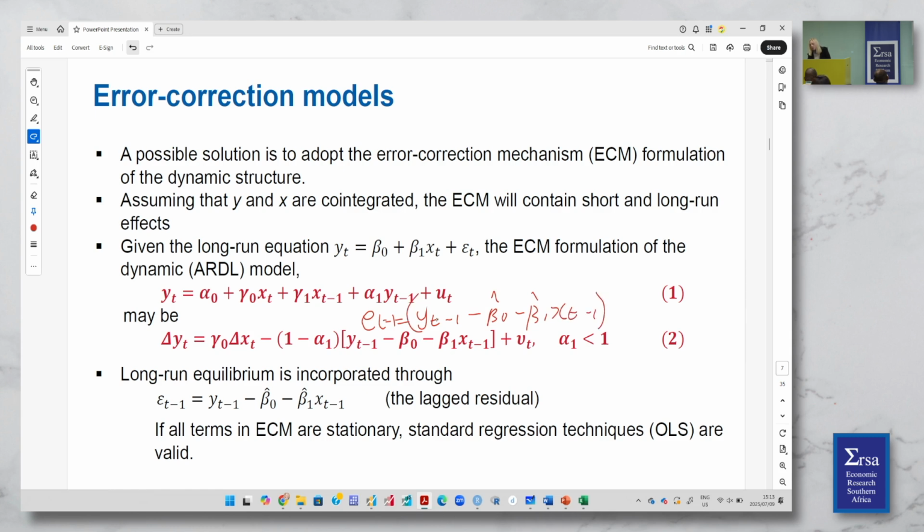So we know that, just using that information, we can calculate the error term and plug the error term in here.